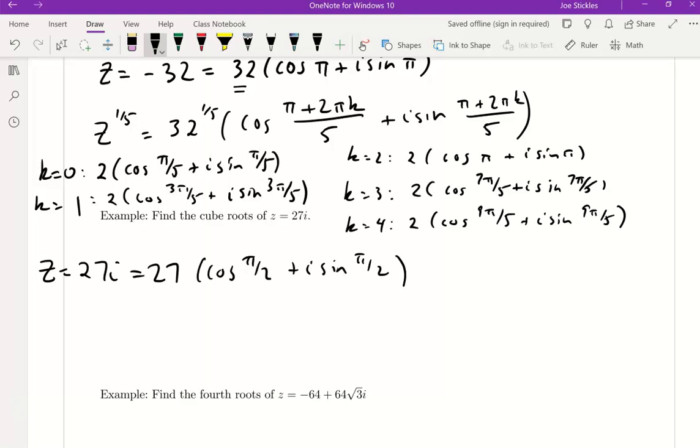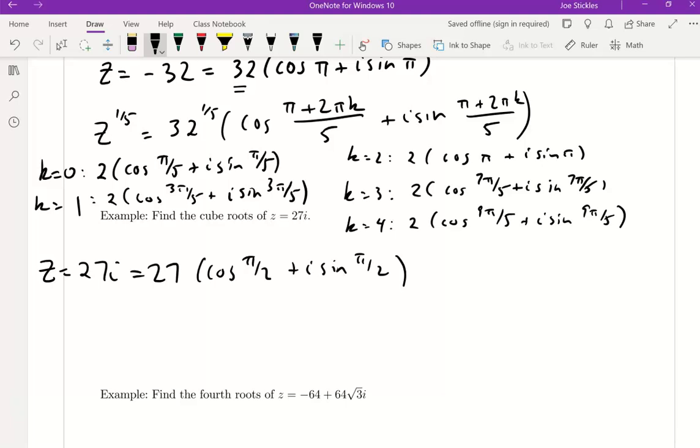Again, first step is to put it into polar form. 27i is right here, because we would go straight up, correct? That makes your angle pi over 2.